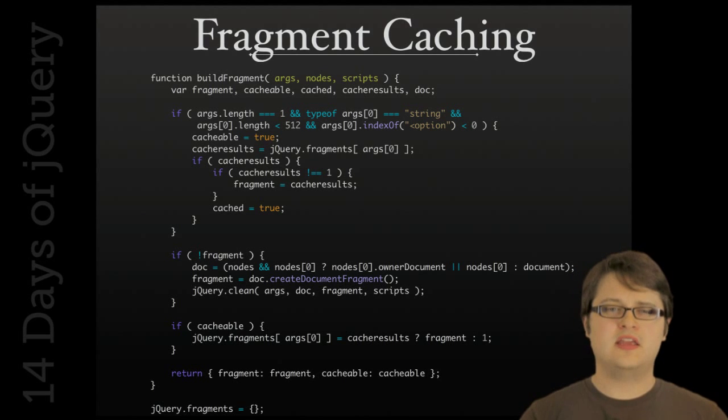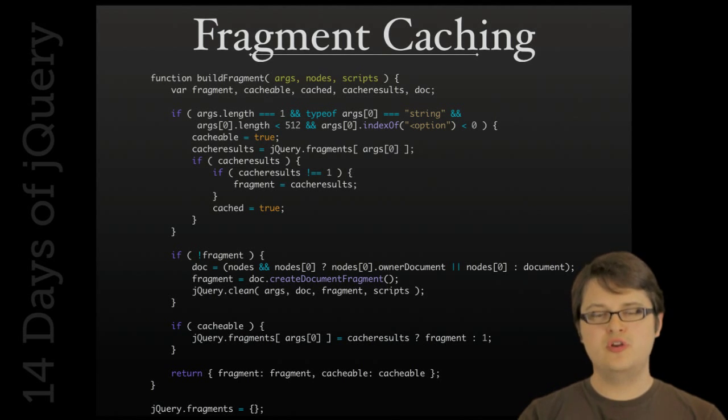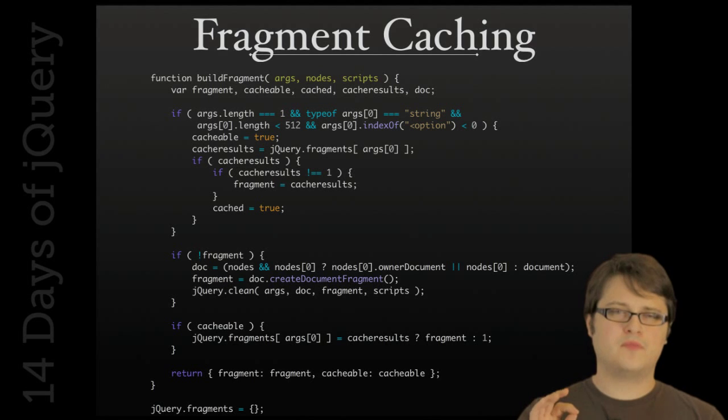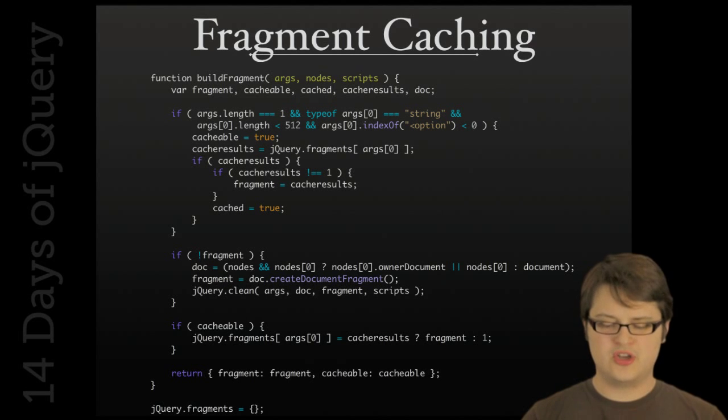But we found that if we could take that fragment and cache it for later, if you're going to go through and insert many LIs, it actually becomes much faster. Since we don't have to recreate those DOM nodes again and again, we can just clone it. So we end up with a very efficient caching code.